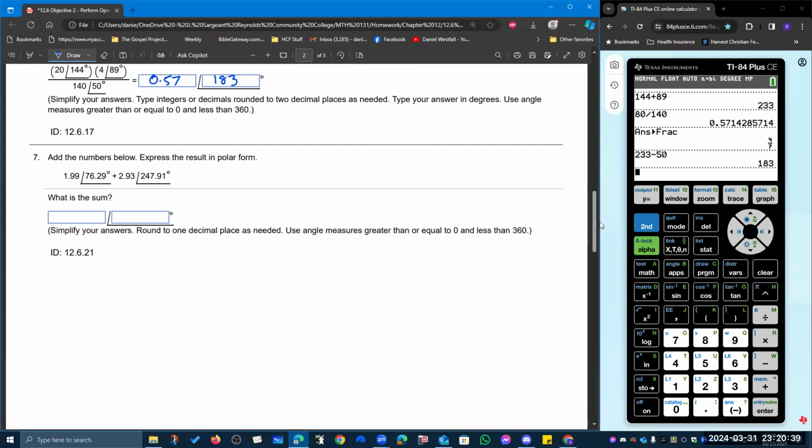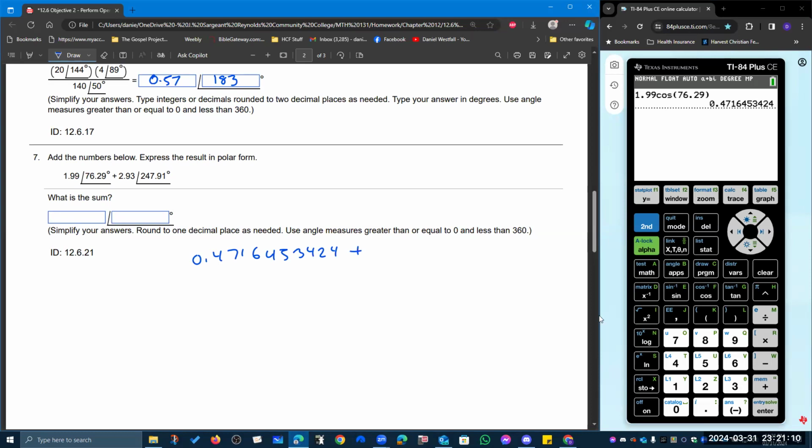So let's go ahead here and make this 1.99 times the cosine of 76.29. And this is the real part of this one, and it is just 0.4716453424.